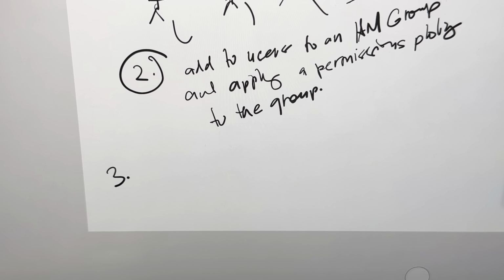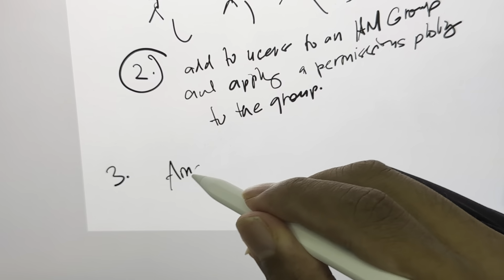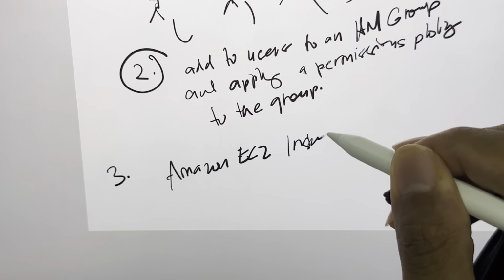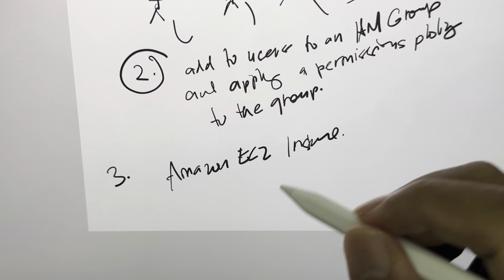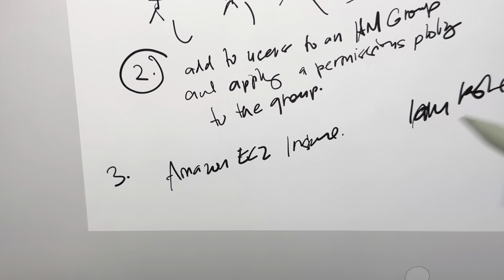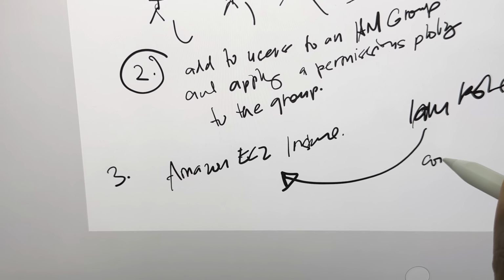What container is used for applying an IAM role to an Amazon EC2 instance? So an Amazon EC2 instance, what container is used for applying an IAM role?